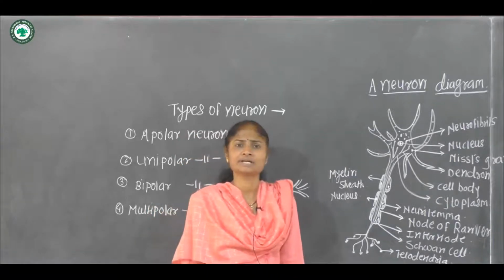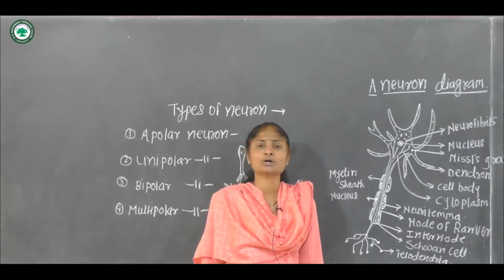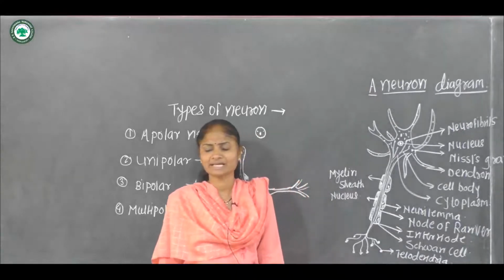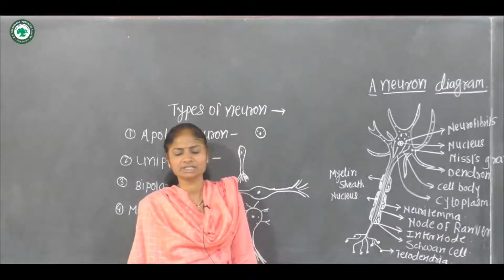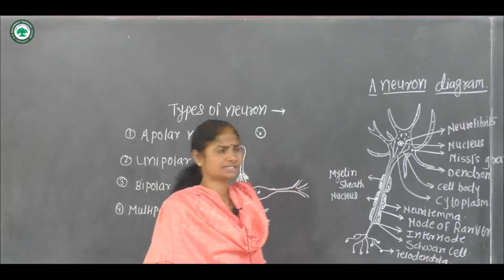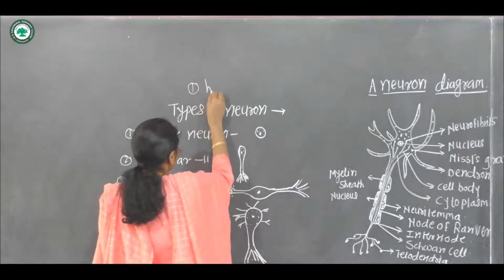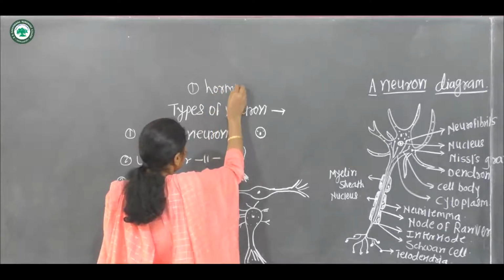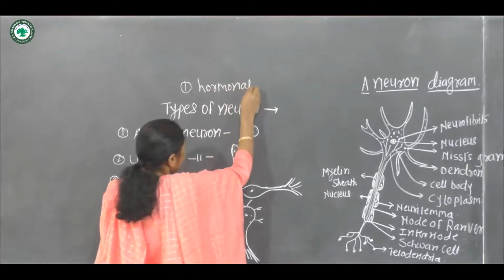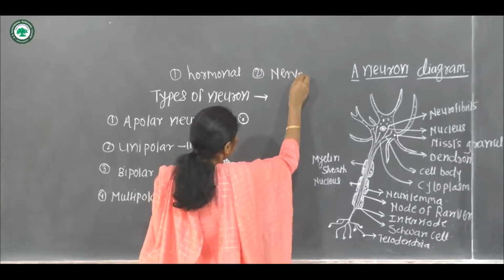In multicellular animals, coordination between different organs of the body and regulation of various activities of the body are under two controls. The first is hormonal control, and the second is nervous control.